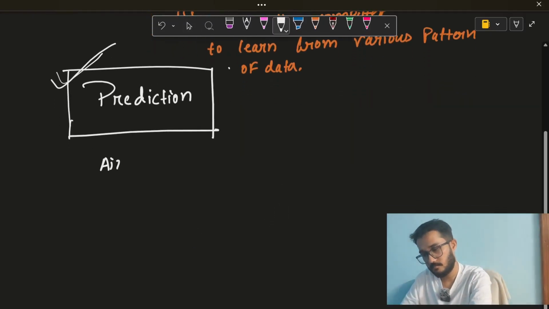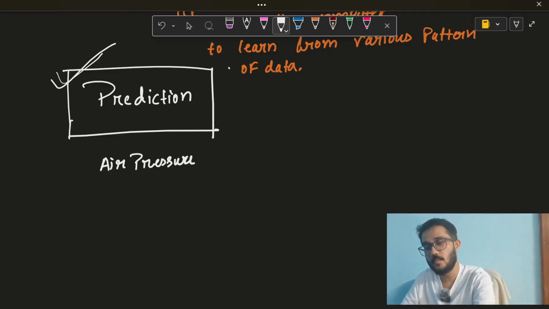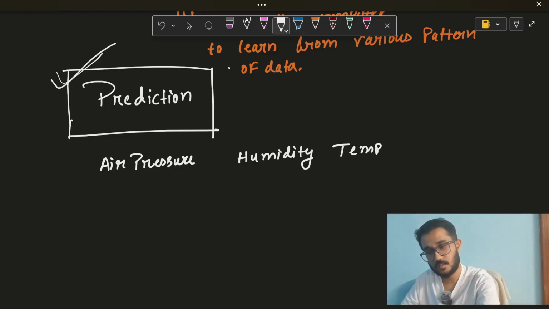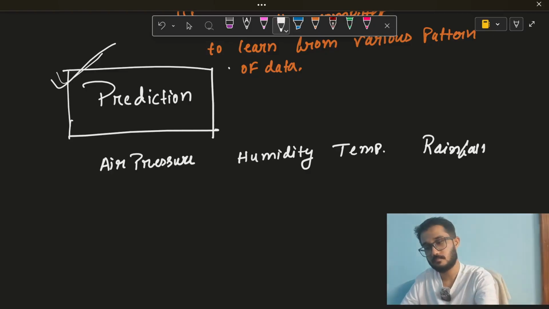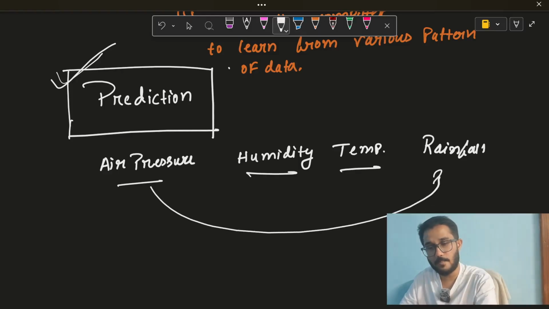Air pressure, then humidity, then temperature, right? Based on these three parameters, the weather forecast station predicts the rainfall.